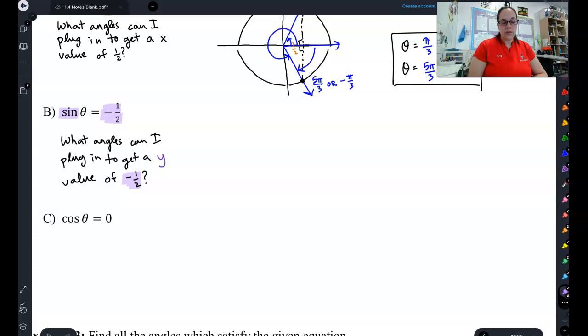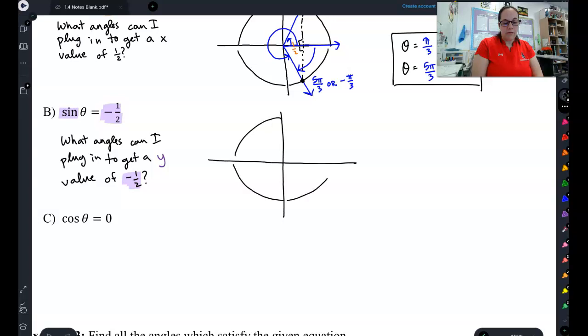So I want to find where can I get a y value of negative 1/2. So once again, think of our unit circle. I want the y value to be negative 1/2.